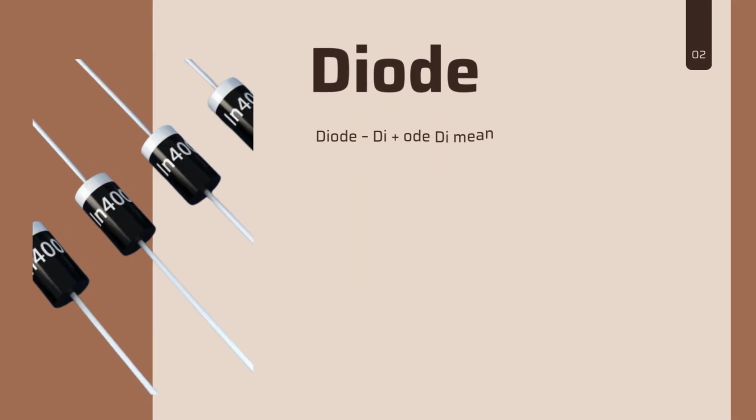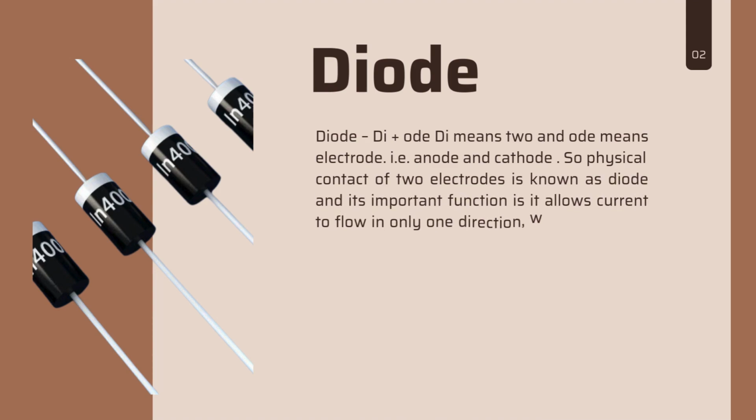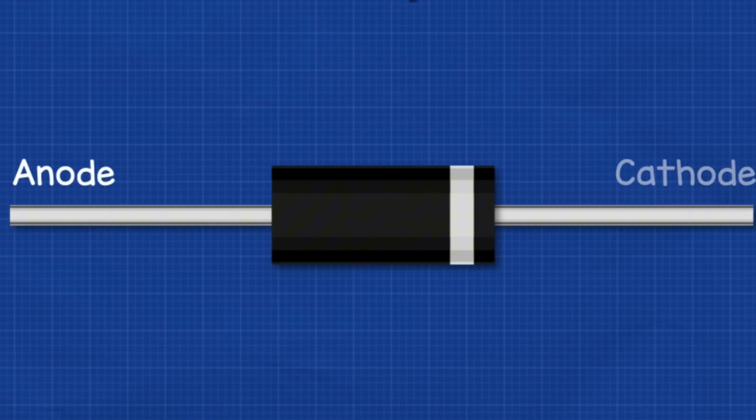A diode is a basic electronic device made from semiconductor material, and the word diode is di plus ode. Di means two and ode means electrode, that means the anode and cathode.